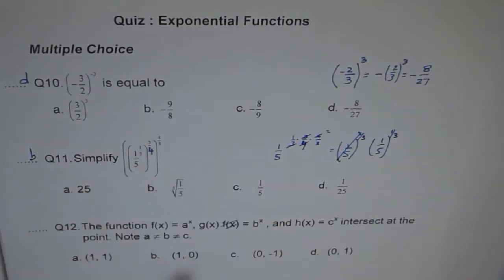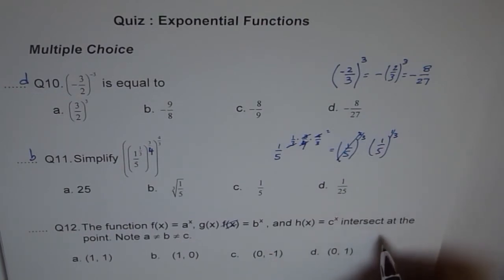Okay, next question. The function f(x) is a to the power of x, g(x) is b to the power of x, and h(x) is c to the power of x. They intersect at a point. You know exponential functions? If they are intersecting at one point, what is that point?